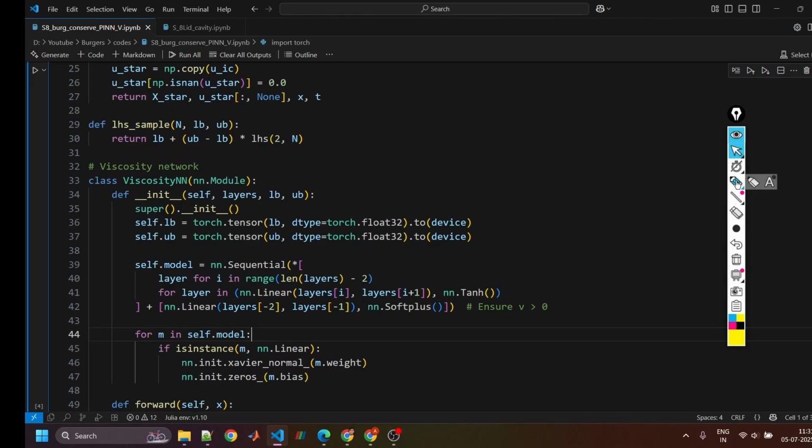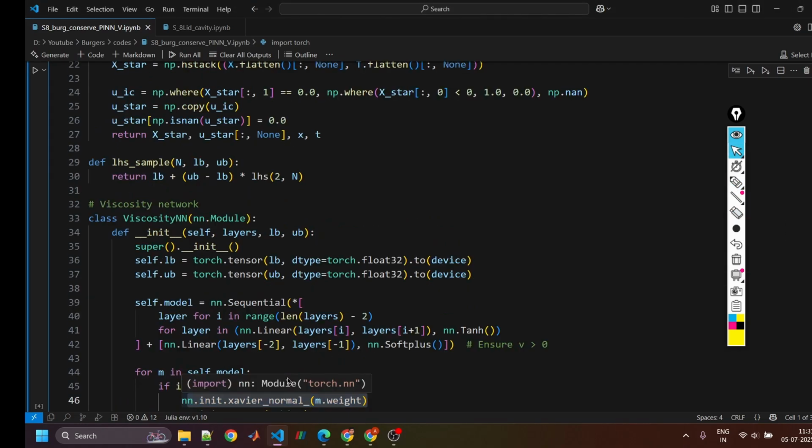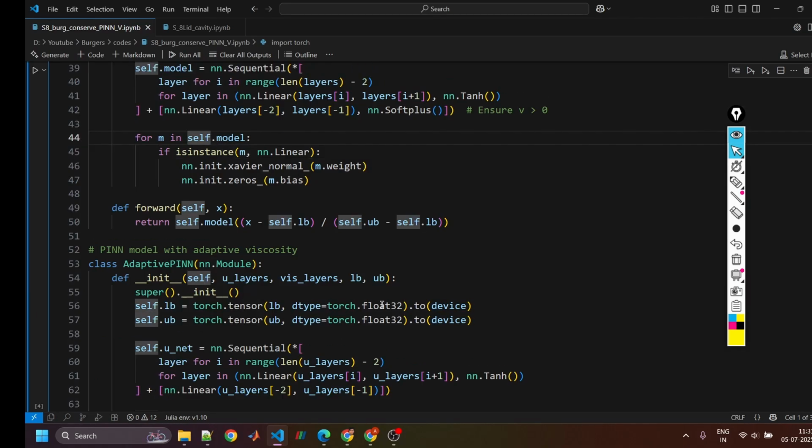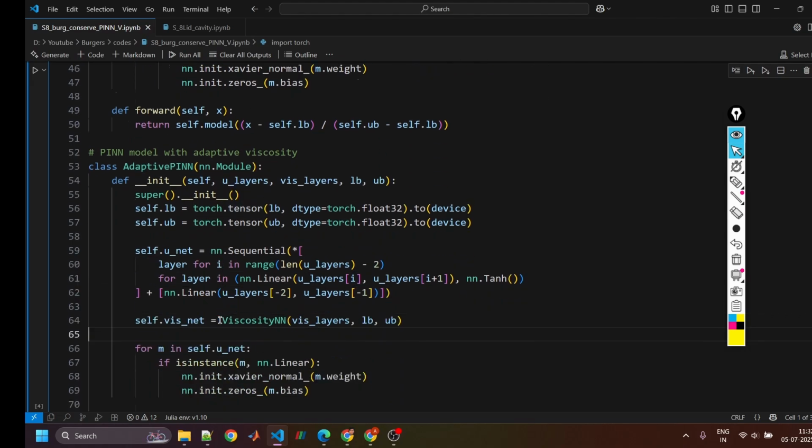Of course, you can combine both neural networks and make two outputs, but in this case, I have preferred two neural networks. So this is a neural network. We initialize the weights using Xavier normalization. And then this is a forward pass model. The second neural network, the adaptive PINN neural network, learns the solution U.